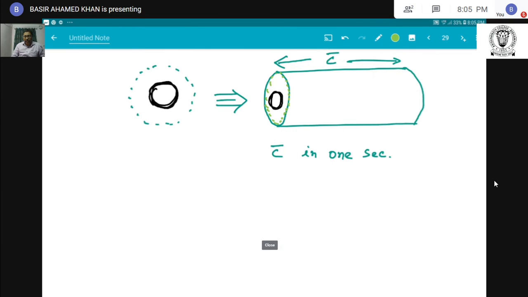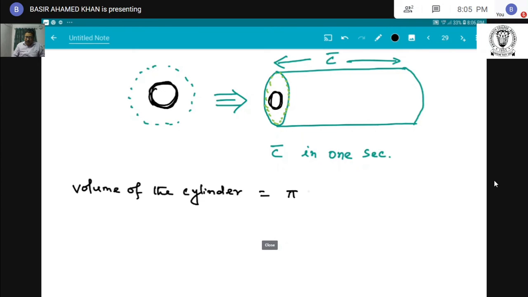In this figure I color them black. The volume of the cylinder of length c bar is pi sigma square c bar, where sigma is the radius of the sphere of influence.